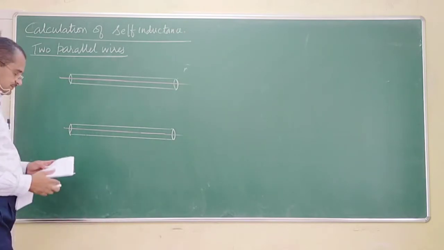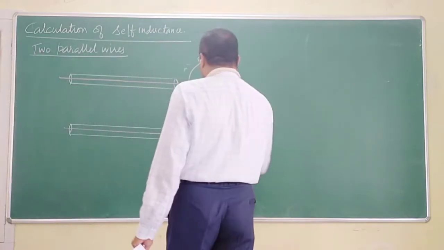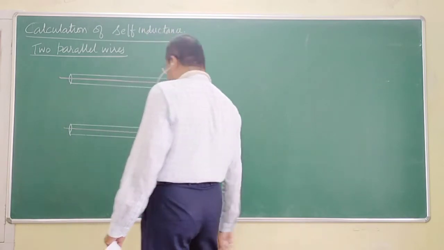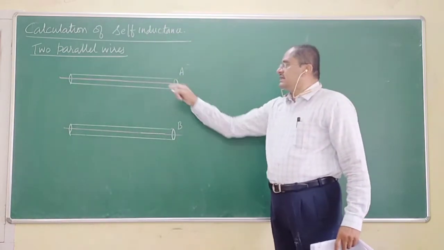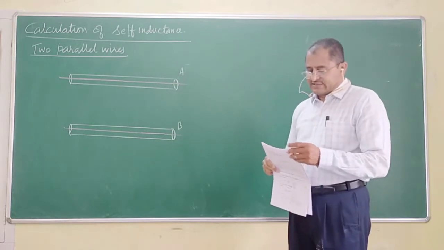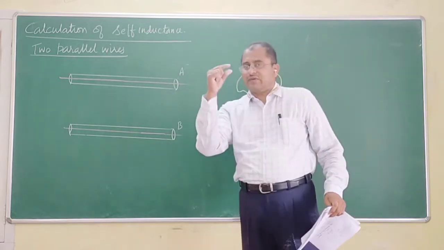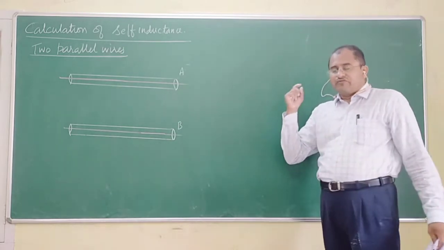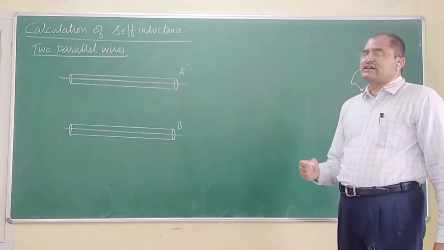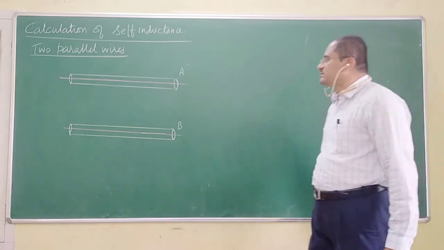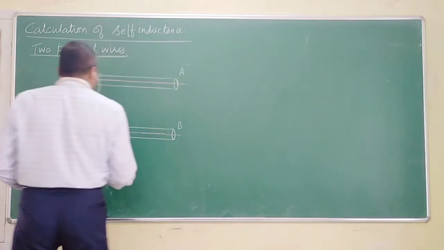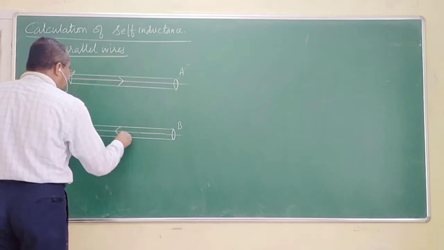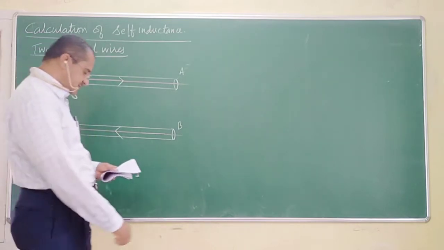let us consider two parallel wires. One is A, the other one is B. This line is the axis of this wire, and the wire is considered to be cylindrical in shape of very small radius when compared to its length. Let us suppose the current is flowing in this direction in these two wires.